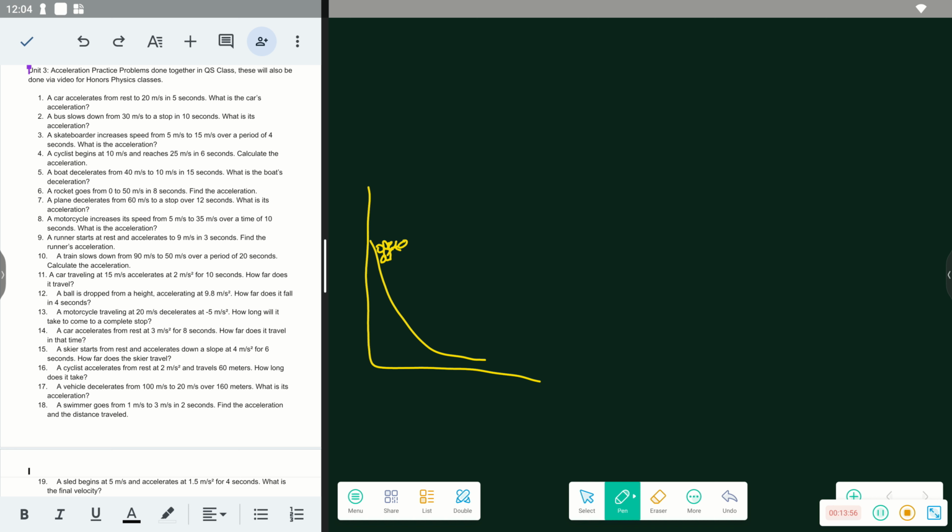Okay, so he starts at 5 meters per second. It's going downward and it's going to accelerate to 15 meters per second.